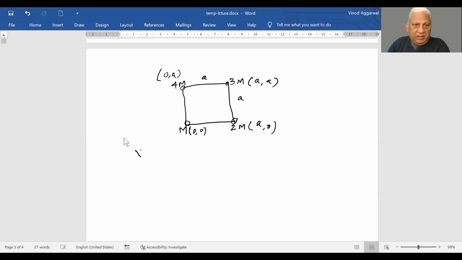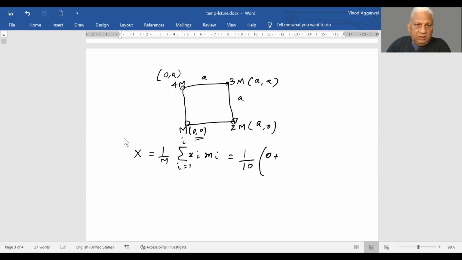So the x coordinate of the center of mass will be the sum of m_i x_i over the total mass. The total mass is 4 plus 3, 7, and 2, 9, and 1, 10.